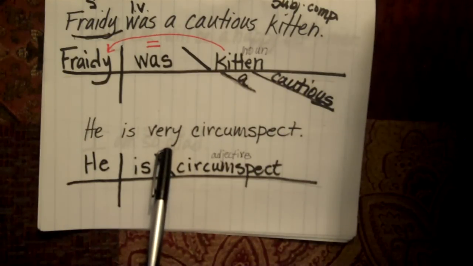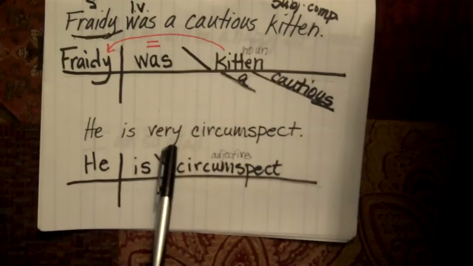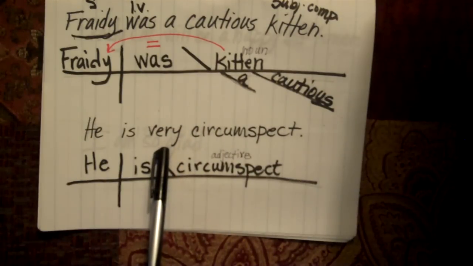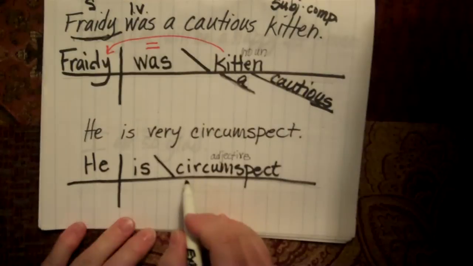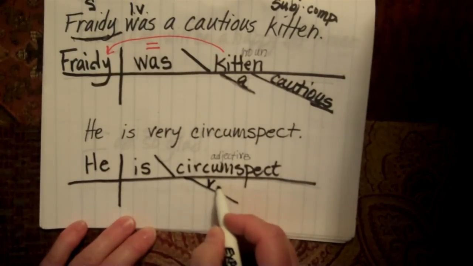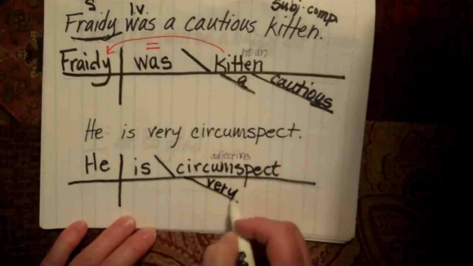The question it answers is to what extent. What part of speech answers that kind of question? To what extent? An adverb. Adverbs tell more about verbs, but they also tell more about adjectives. It says to what extent he was circumspect. So you put it under circumspect because it tells you more about it.